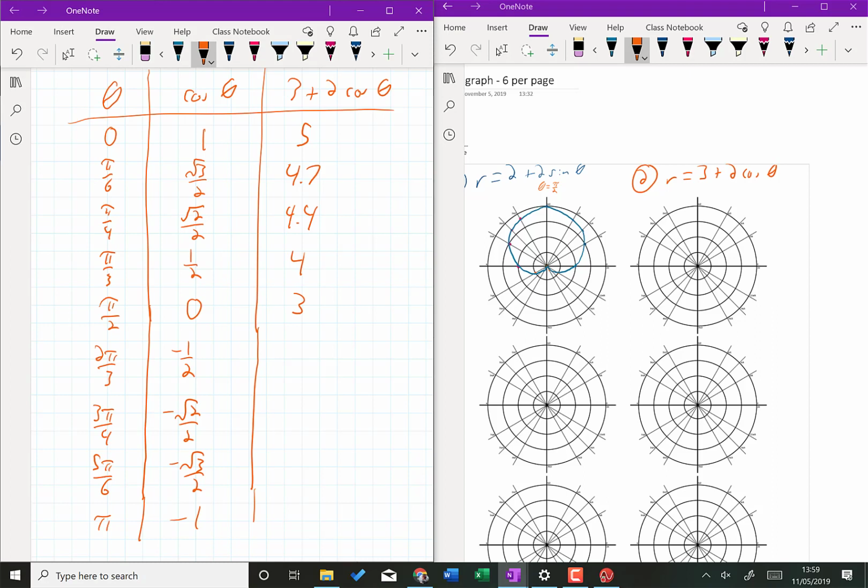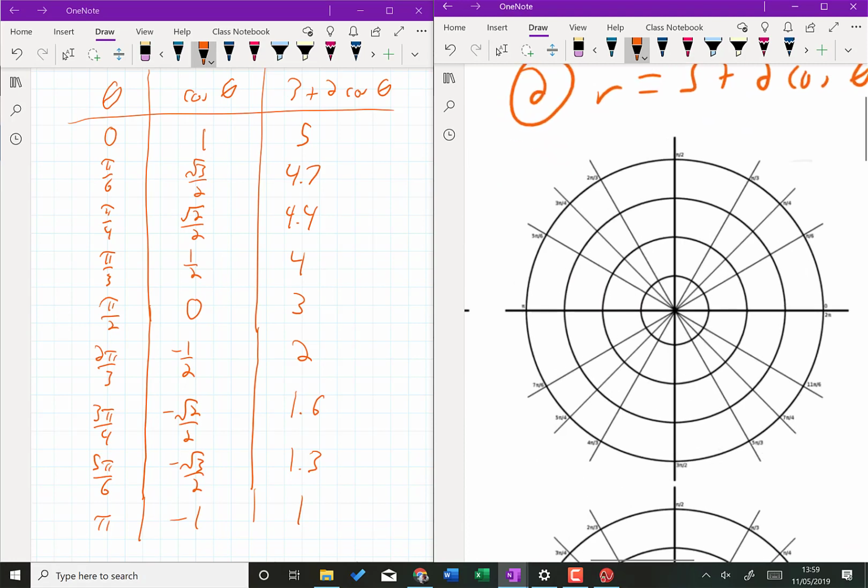Then 3 minus 2, 3 minus 1. And 3 minus 1.4. Then 3 minus 1.7. Then 3 minus 2. Do you see how this already feels a lot quicker than what we did before, even though it's about the same kind of problem? You will get better at this.